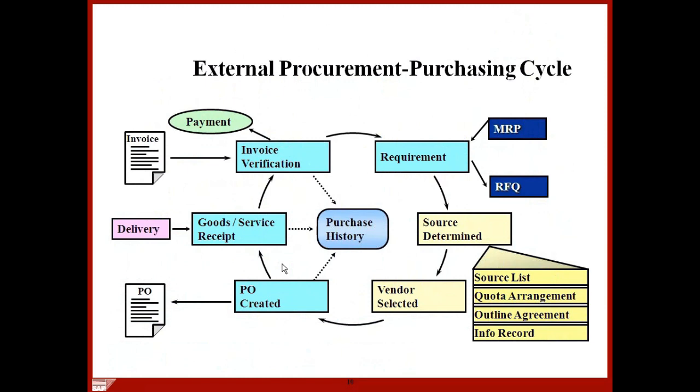What we call P to P, purchase to pay. So we discuss this entire procurement cycle, various documents that we create, various document types that we use, and individual documents' basic purpose. All these things we will discuss in the procurement cycle.